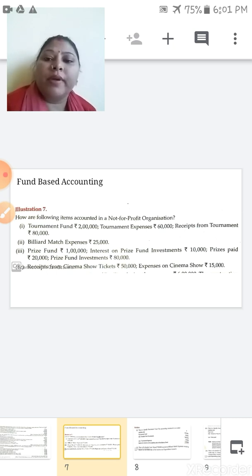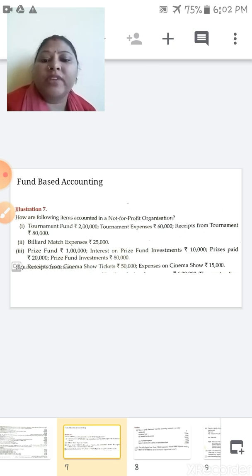Here it is given as prize fund, which is for a specific purpose. So add the interest to the prize fund, then subtract the prize paid. The answer will come, and that answer you have to show on the liability side of the balance sheet.